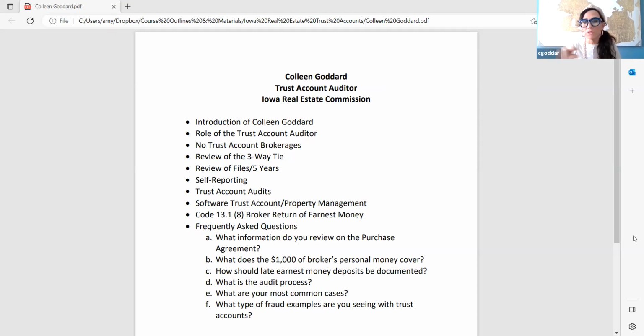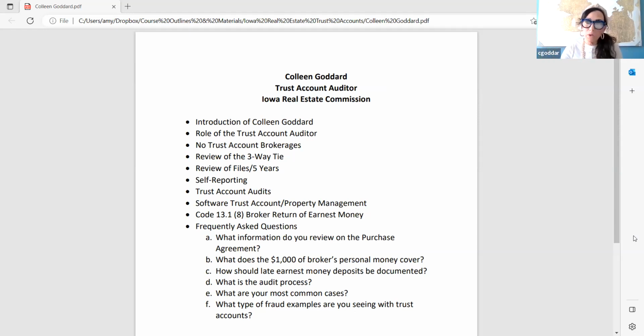There are lines in your purchase agreement, and Amy's probably seen the latest and greatest purchase agreements, but usually there are other provisions in there. It's a great space to put it if something different happens to the earnest money. If you're related to somebody or you have an interest in something, it's a great space.